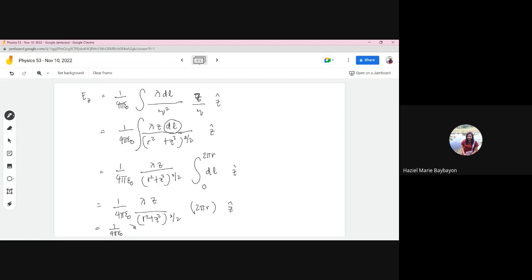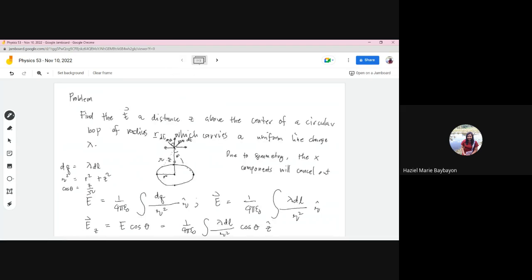We have lambda 2 pi r, rewritten just for convenience, divided by r squared plus z squared raised to the power of 3 halves, z hat. Okay, so this is the electric field at a point a distance z above the center of a circular loop.